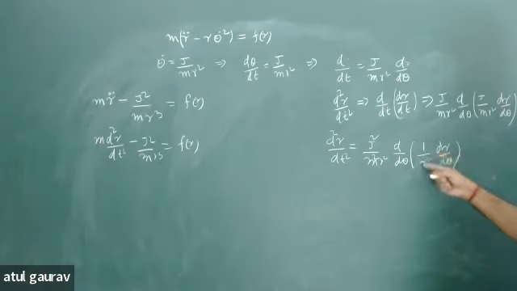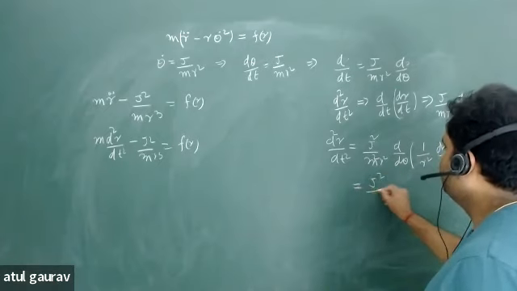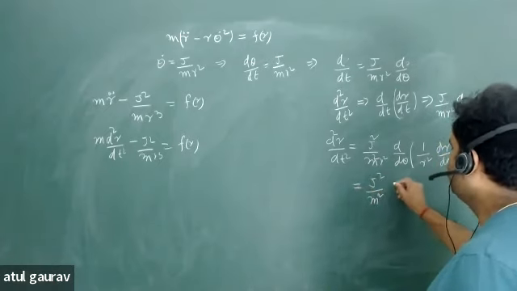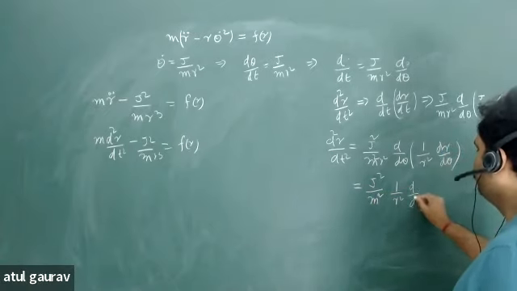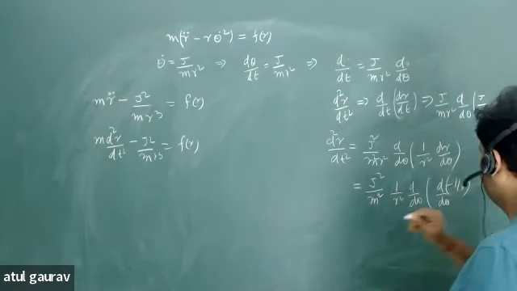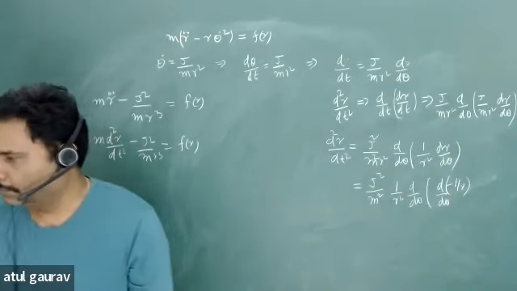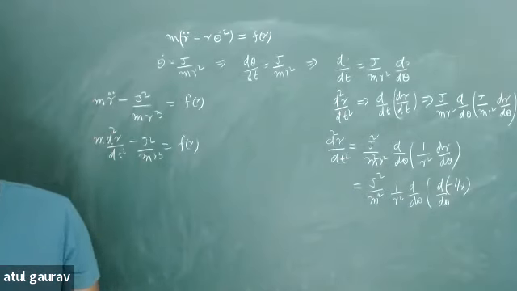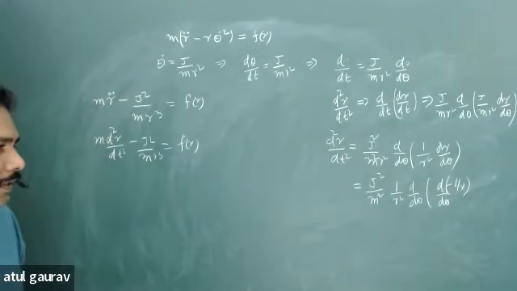Can I write this whole bracketed term as j square upon m square, 1 upon r square d upon d theta, and this will be d upon d theta of minus 1 by r? जरा चेक करो, ऐसे लिख सकते क्या? Yes. आया ना? Yes, sir. लिख सकते हैं.